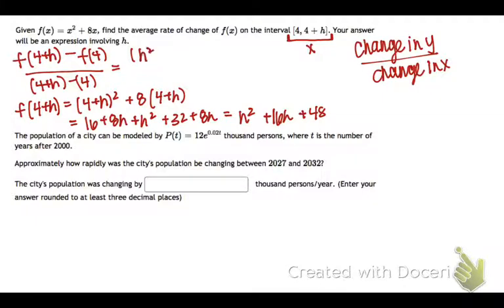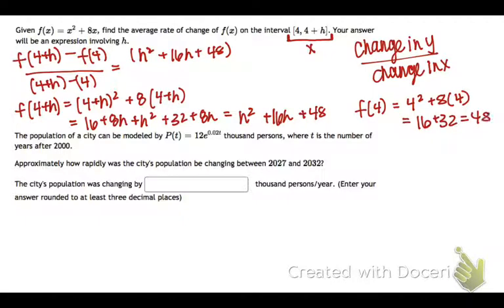H squared plus 16H plus 48. If I plug in F of 4, I get 4 squared plus 8 times 4, which is 16 plus 32, which is 48. So this is going to be minus 48 over 4 plus H minus 4.